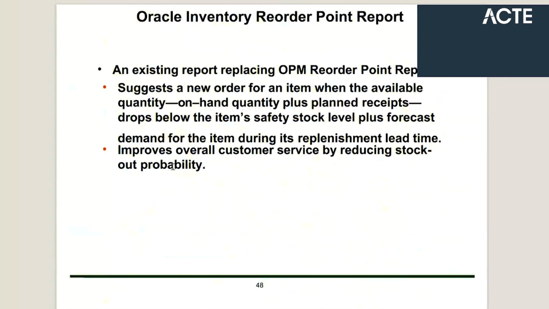Then Oracle Inventory Reorder Point. If any product is not there, then it is a shortage. So you say below the safety stock level, I couldn't deliver it immediately. So you have to say, okay, I need to do a replenishment lead time. What is replenishment? If the item is not there, reorder.